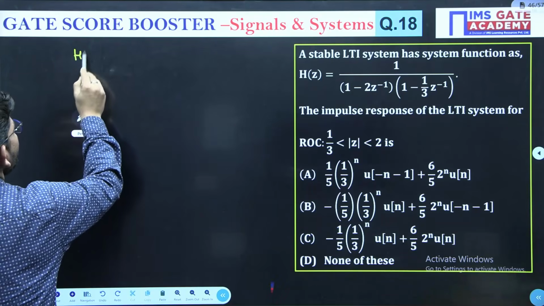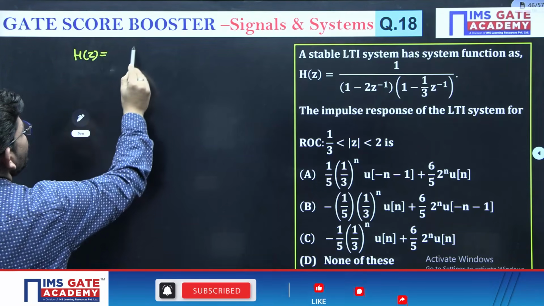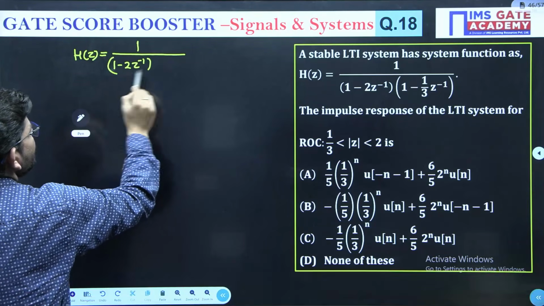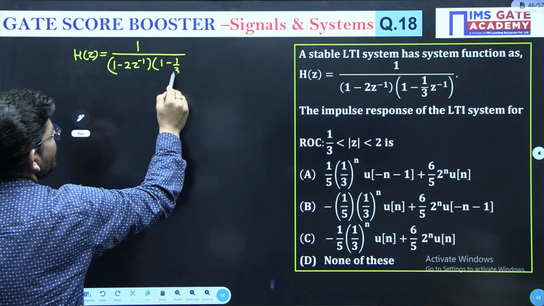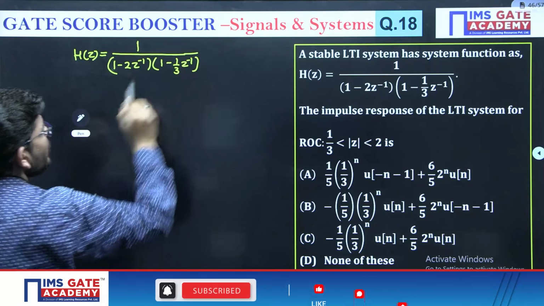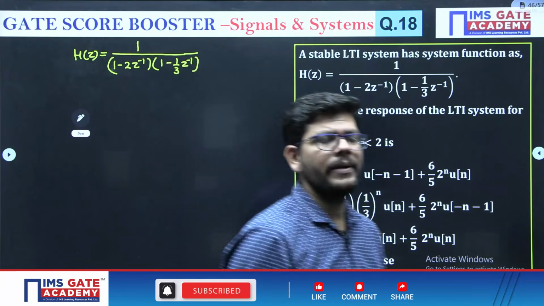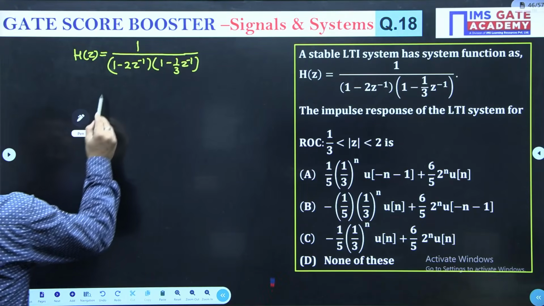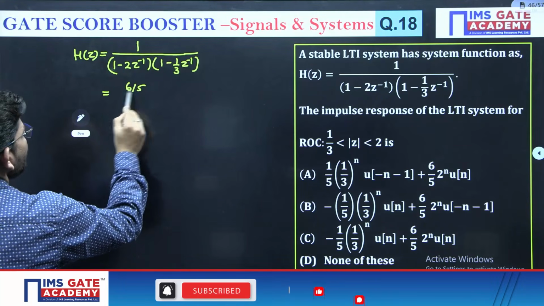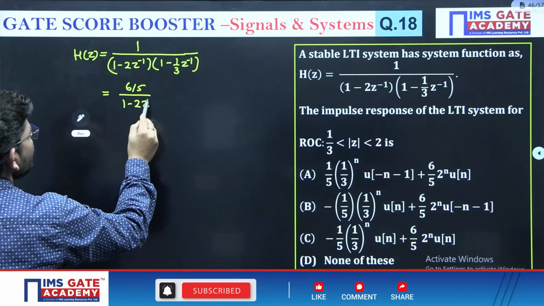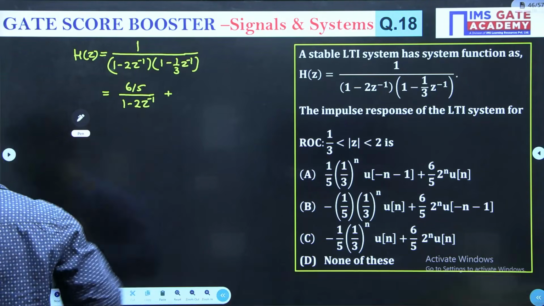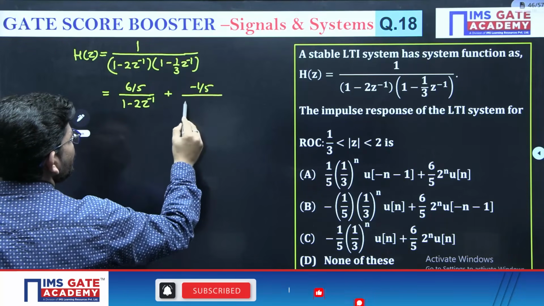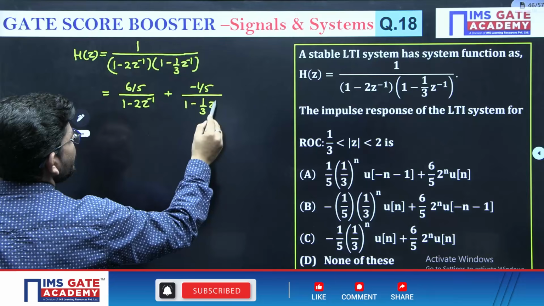First of all, H of z is given to you: 1 upon (1 minus 2z inverse) times (1 minus 1 upon 3 z inverse). First of all, you have to do the partial fraction. I have done that, and the partial fraction will give you 6 by 5 upon (1 minus 2z inverse) minus 1 by 5 upon (1 minus 1 by 3 z inverse).